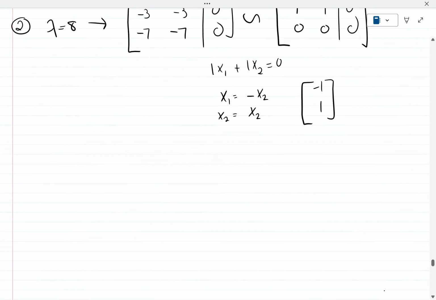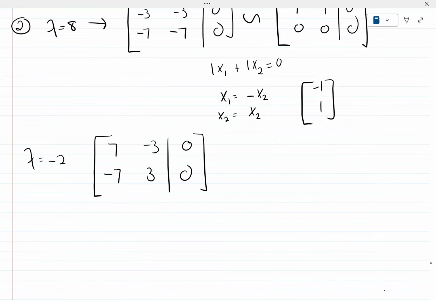Then what we're going to do is figure out when lambda equals -2. And when you do that, you get 7, -7, -3, 3, augmented with 0, 0. And when you row reduce using a calculator, you get this matrix: 1, 0, -3/7, 0, 0, 0.